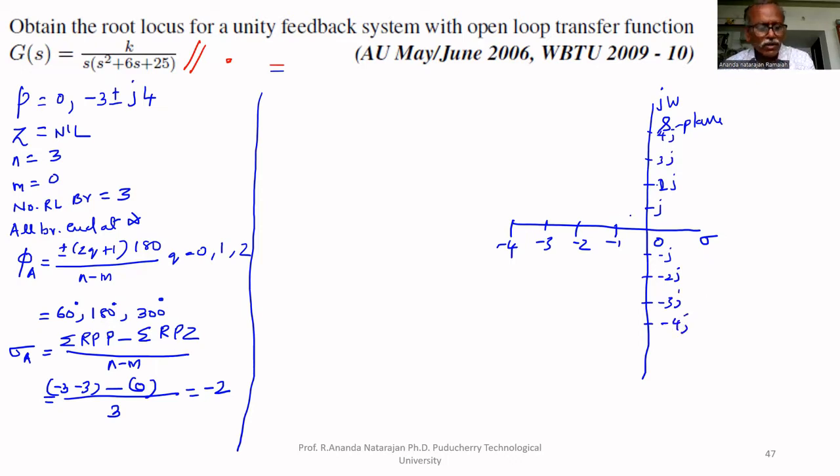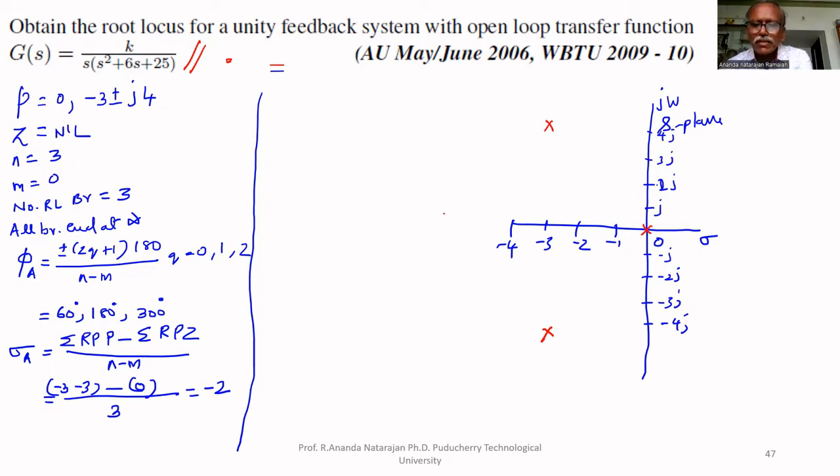The poles: one pole at origin, another pole at minus 3 plus j4, and another one is minus 3 minus j4. These are the poles.